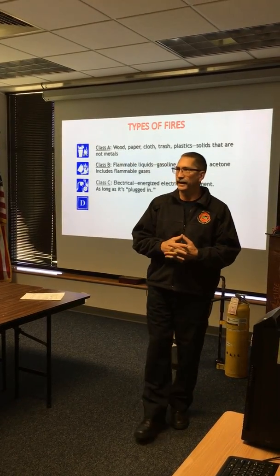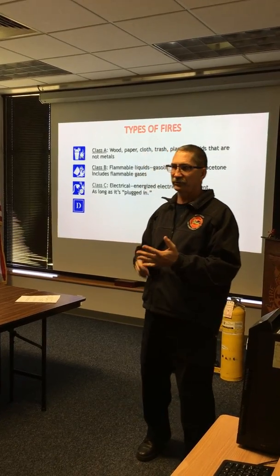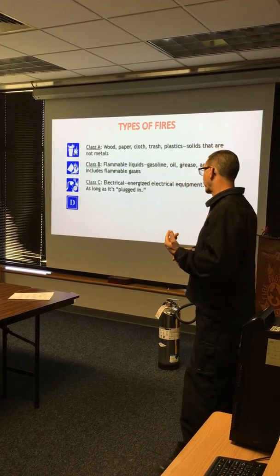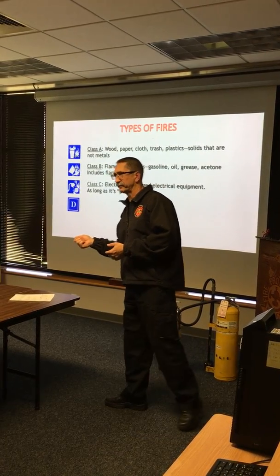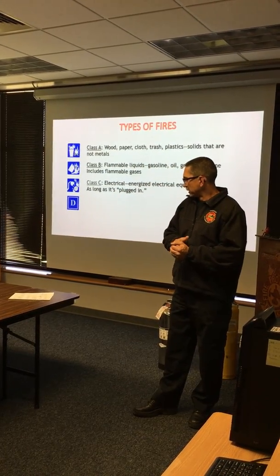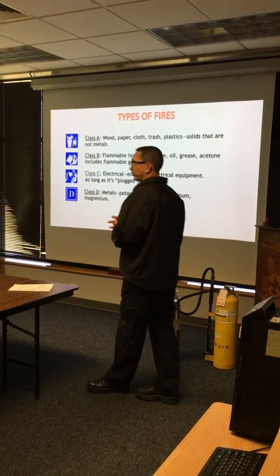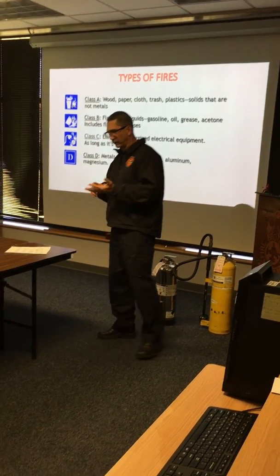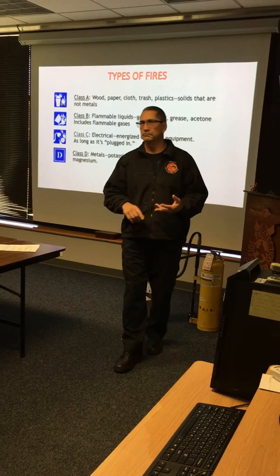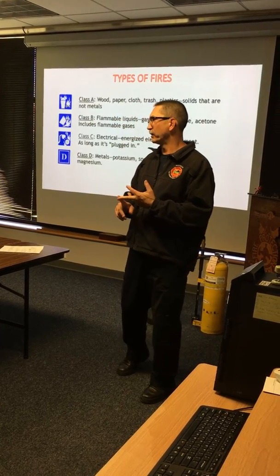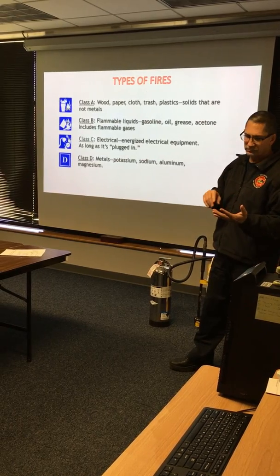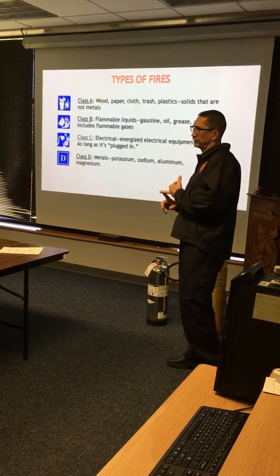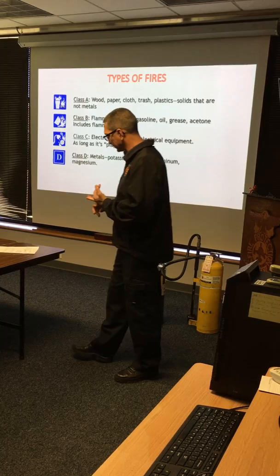Class C, that's your energized equipment, your stoves, a hair dryer could be a Class C fire. Anything that's energized. Next, your Class D fires are your metals. You got aluminum, lithium, magnesium, a lot of those that you'll see either parts of like an engine, or possibly you can see those metals in brakes, stuff like that.